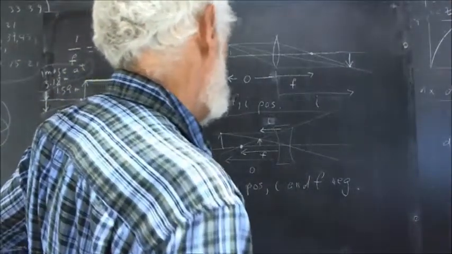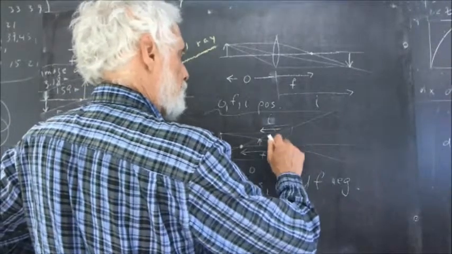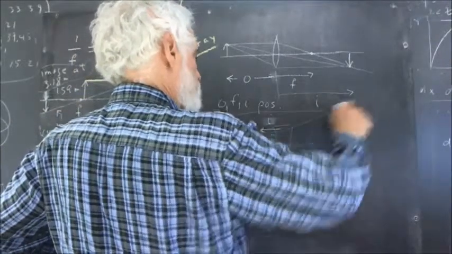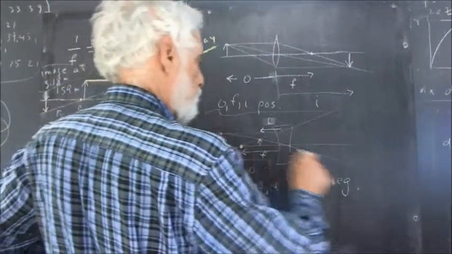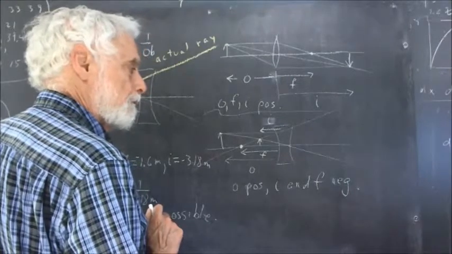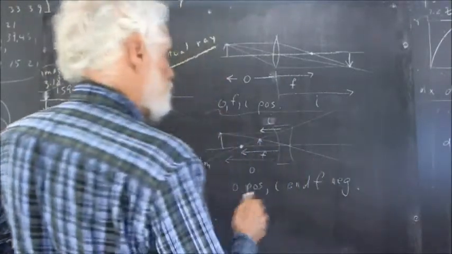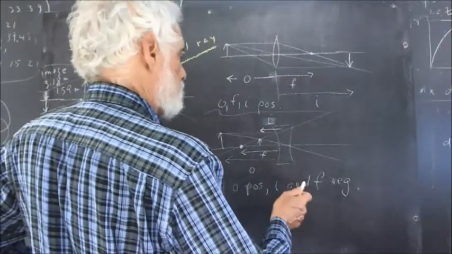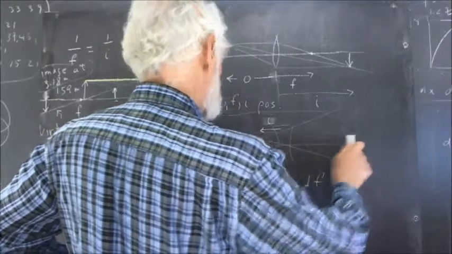Okay, and you have a third principal ray. You have the ray parallel, which passes through, at least virtually, the focal point. You have the ray through the center, which maintains its direction, doesn't change direction. And you also have another ray, and that would be the ray that comes out of here parallel to the axis.